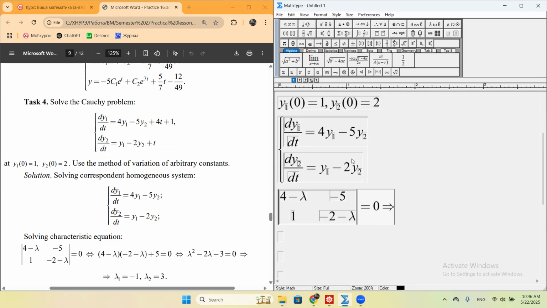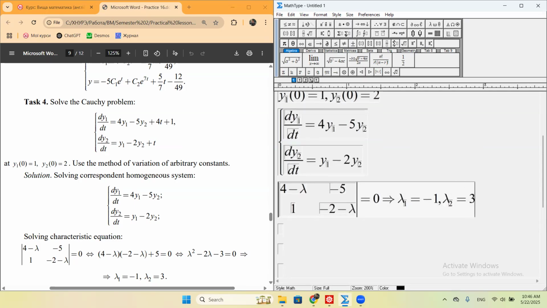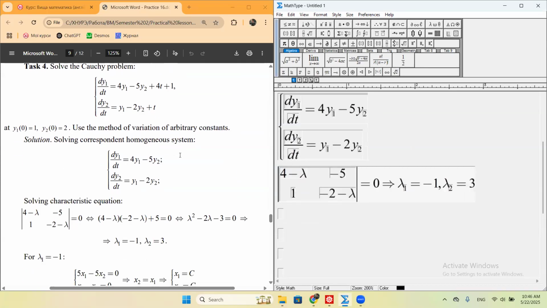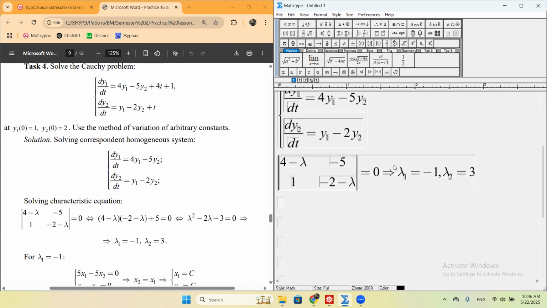So let's write down the solution of this characteristic equation. So lambda 1 equals minus 1 and lambda 2 equals 3. So let's find eigenvalues and eigenvectors.